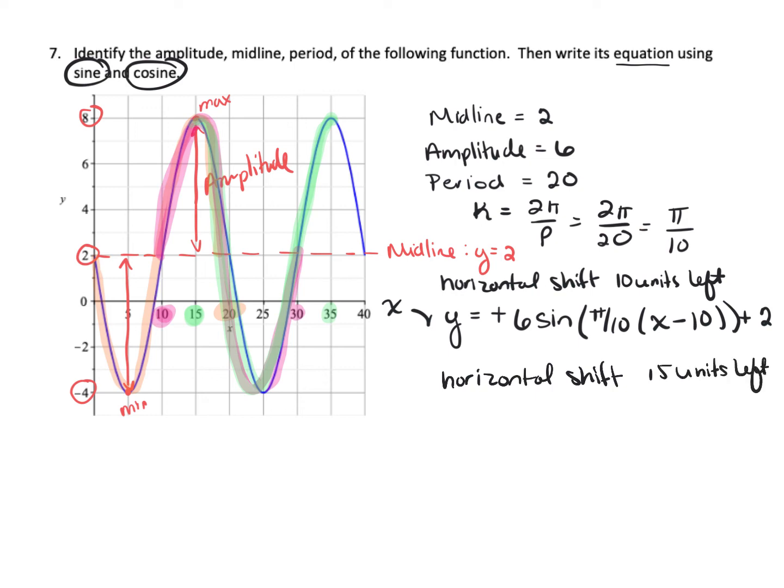I'm writing 15 units left because that's how we write it in the equation, but obviously in the graph here we see that it takes our positive cosine function with no shifting and shifts everything 15 units to the right. So let's write that equation. y is equal to positive 6 cosine pi over 10 times x minus 15, plus 2. So that is another equation that you can write for this function.